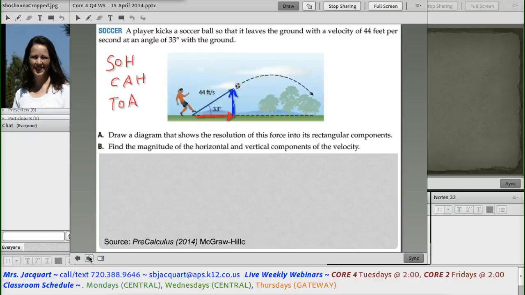So if we want to know the blue vector, we are using sine, and this is opposite. So this is the y vector. It will equal the sine of 33 degrees equals opposite, so the y guy, over your hypotenuse.